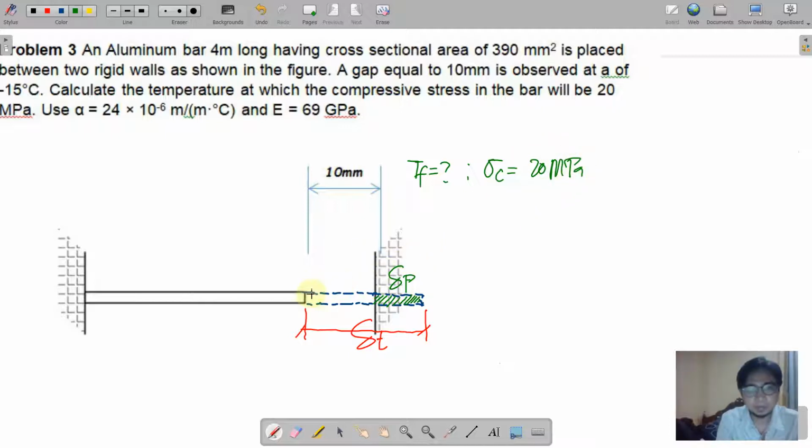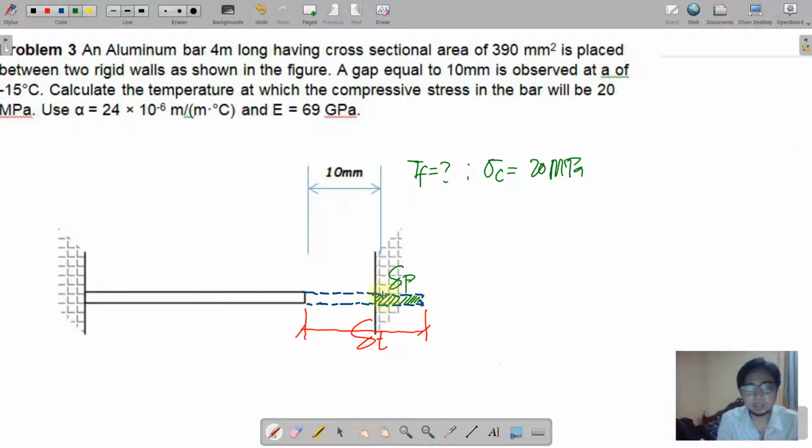Again, kapag hindi pa na-touch tong wall, there will be no compressive stress. Ang stress lang na meron is the temperature or thermal stress within the gap of 10 millimeter, but beyond this gap, it will begin to have a compressive stress.